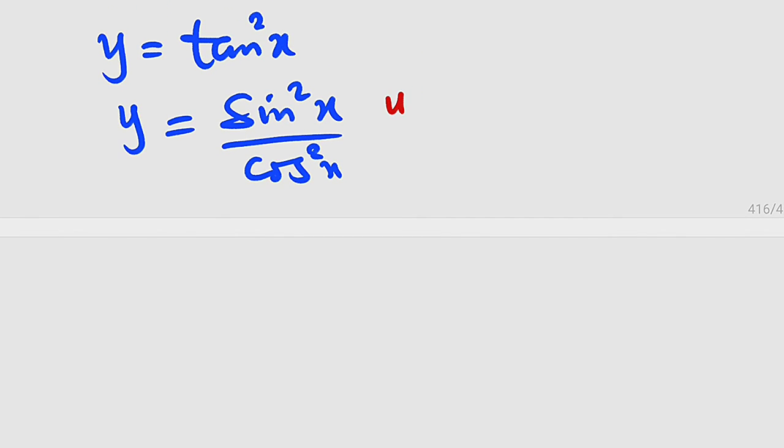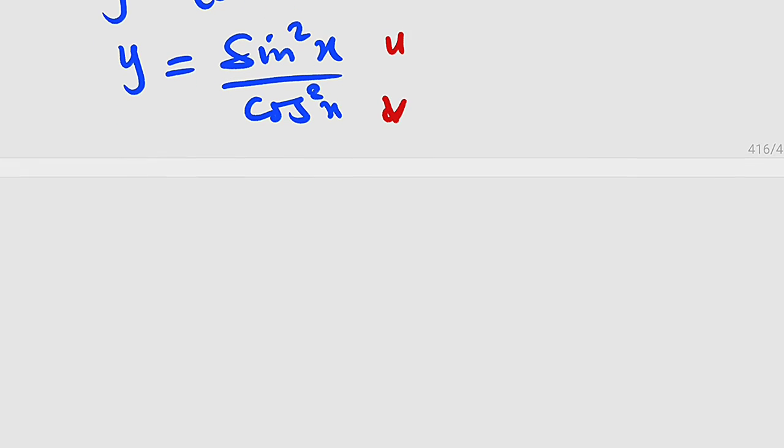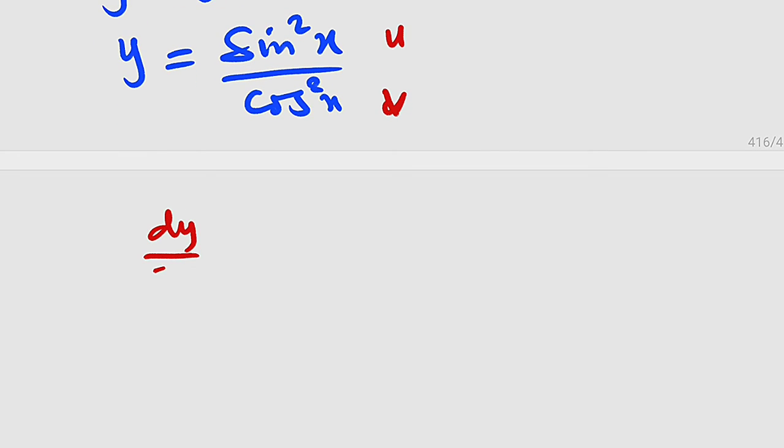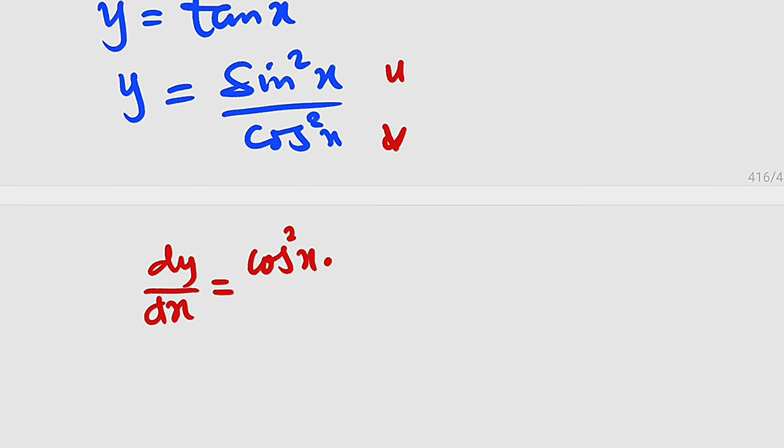If this is u, this is v, dy over dx will be equal to the bottom, which is cosine squared x, times the derivative of the top. If you differentiate sine squared x, it will be 2 sine x, right? Then the derivative of sine x is cos x. You see that? Then you subtract.